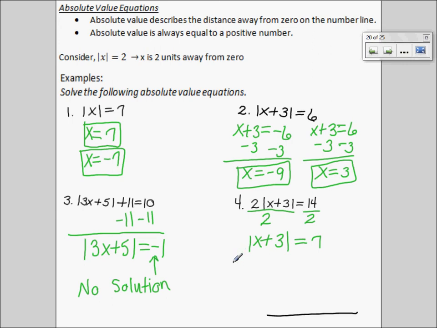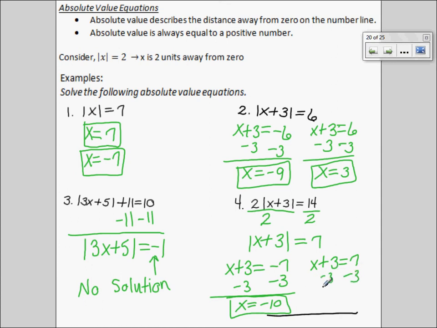Now, just as before, you can break it into x plus 3 equals the possible negative 7, or x plus 3 equals the positive 7. Now just solve for the variable by subtracting 3. So we have x equals negative 7 minus 3, or just negative 10, as one solution. For the other solution, we subtract 3 and have x equals 7 minus 3, or just a positive 4.